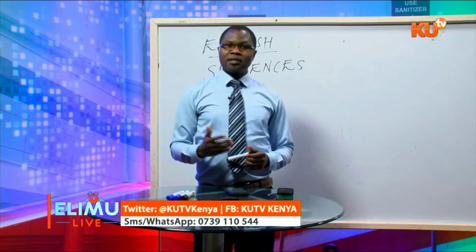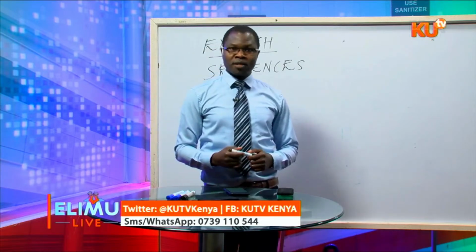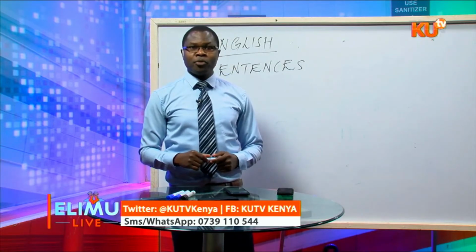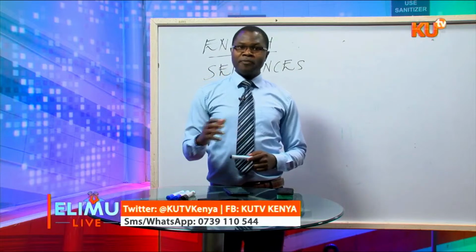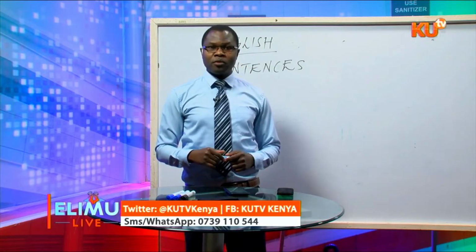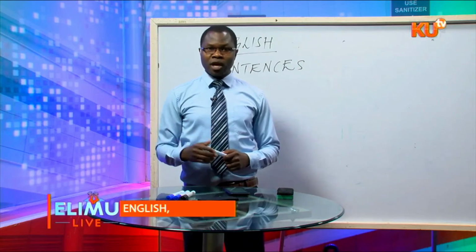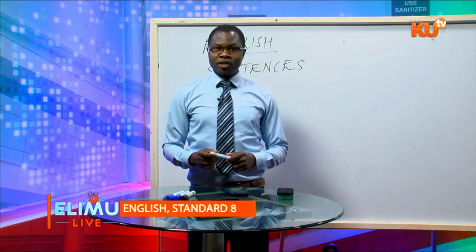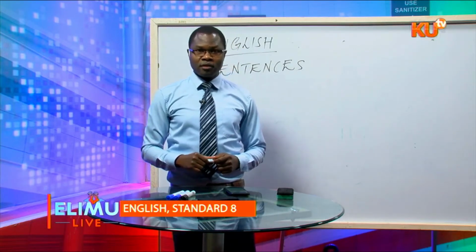So you realize that sentences emanate from words. If you put many words together, you come up with what we call a phrase. Then if you put many phrases together, you come up with what is called a clause. A clause is comprised of a subject and a verb, which is so basic.